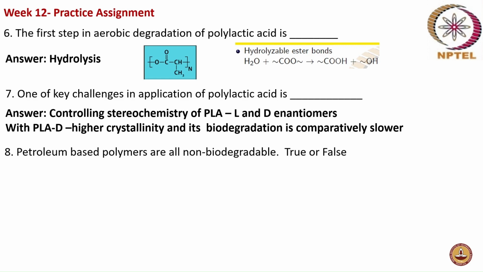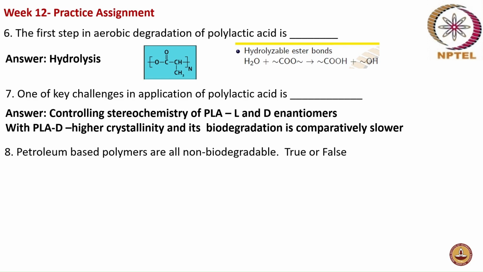It is much more complicated to break it down, since you have this lamella arrangement and all, right? Because of the more ordered and packed arrangement, the crystallinity is higher, and eventually the biodegradation process is also slower when you have a D enantiomer in case of polylactic acid.